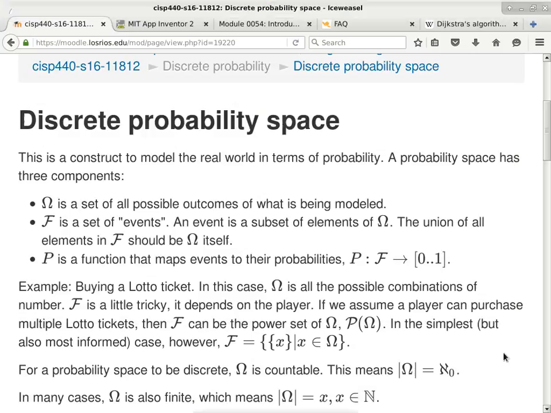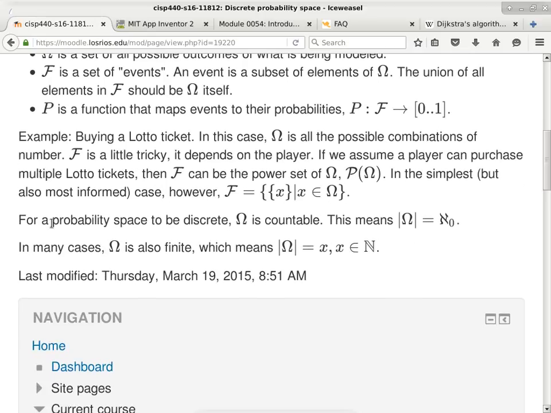So this is really just notation at this point. For a probability space to be discrete, omega itself has to be countable, which means the cardinality of omega has to be this particular symbol. Have we talked about this before? We did, because we mapped everything to natural numbers.